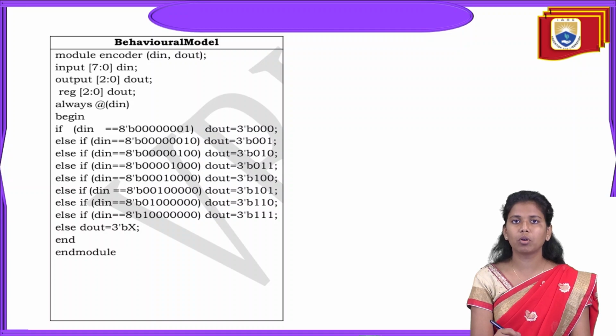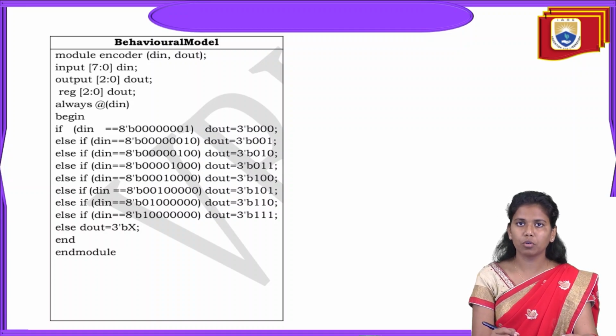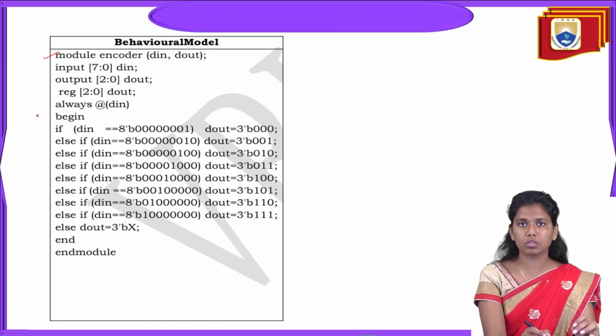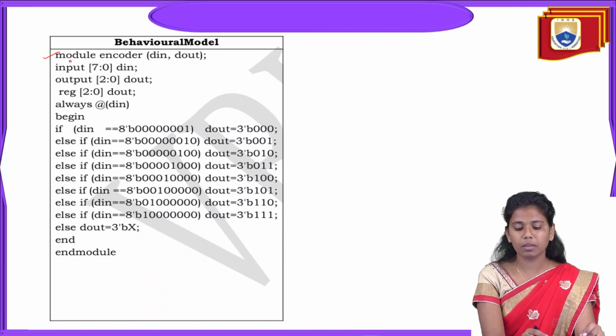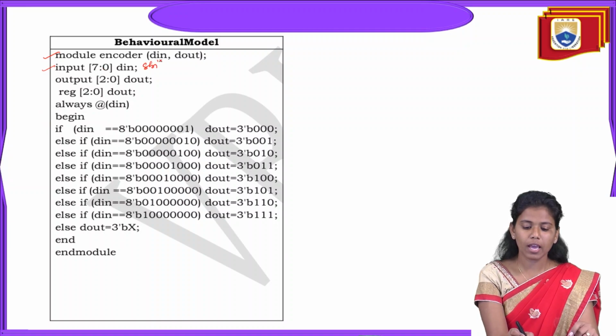In behavioral modeling, this is how we can write our code. Same as the previous structural and data flow modeling, the very first sentence that we have to write is the representation of the keywords like module, encoder, input and output, and the same instantiation of the inputs and the output. [7:0], that is totally 8 bits, and [2:0], that is totally 3 bits of data.